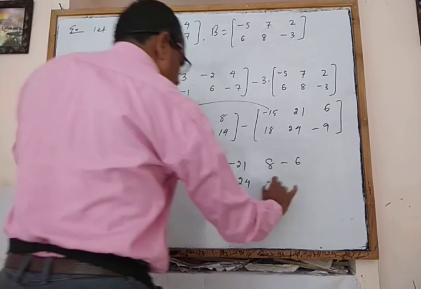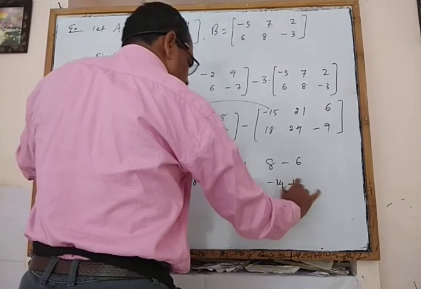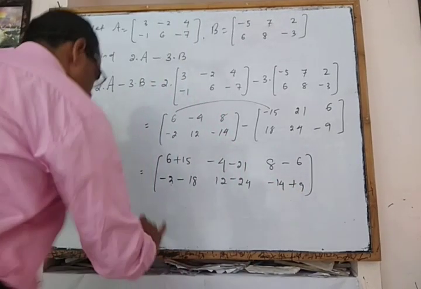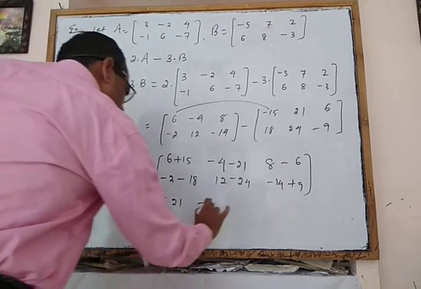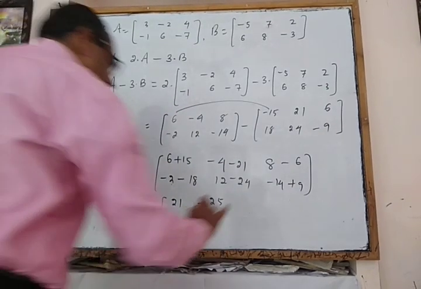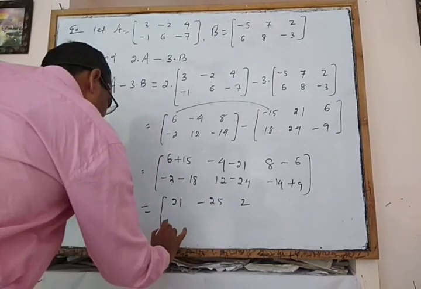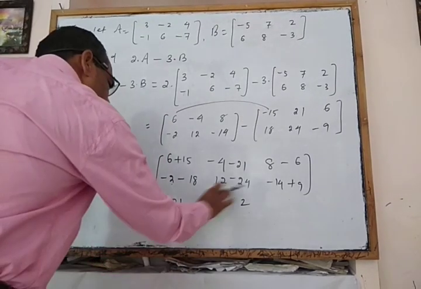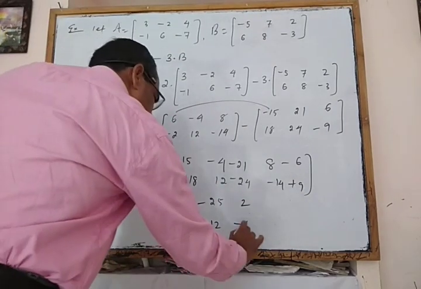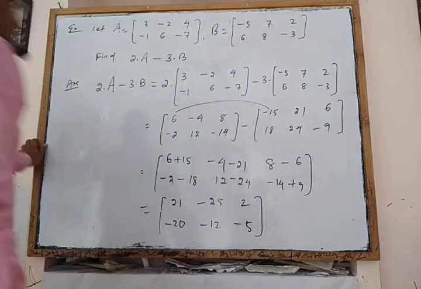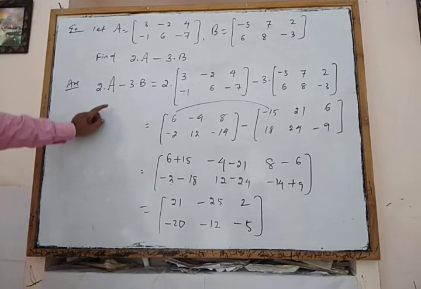Then minus 14 minus of minus 9, this is plus 9, so minus 5. So this is the value of 2A minus 3B.